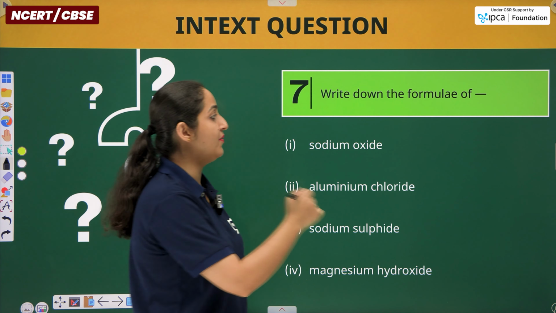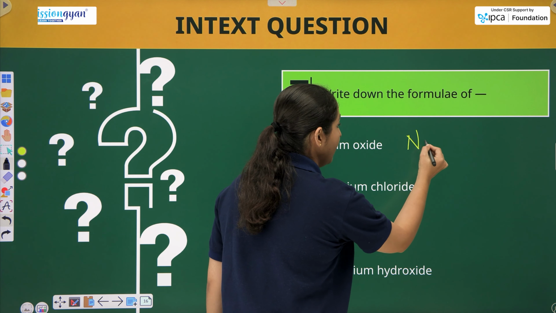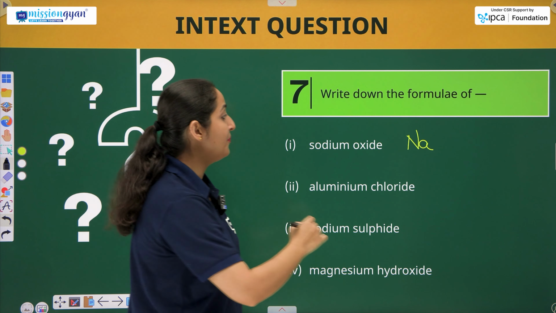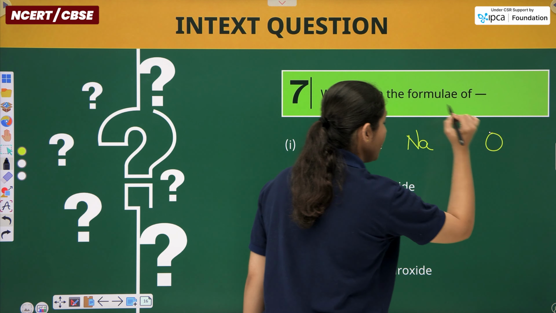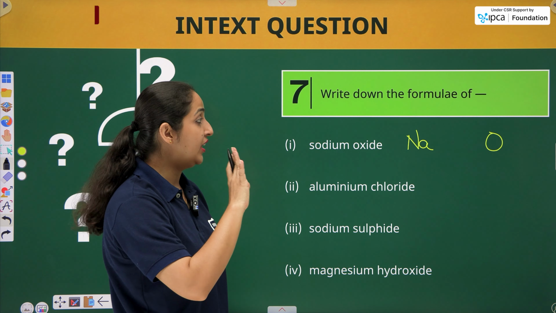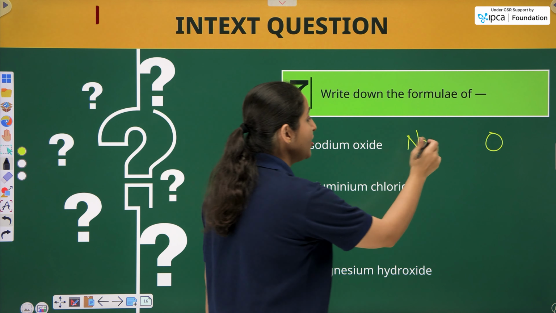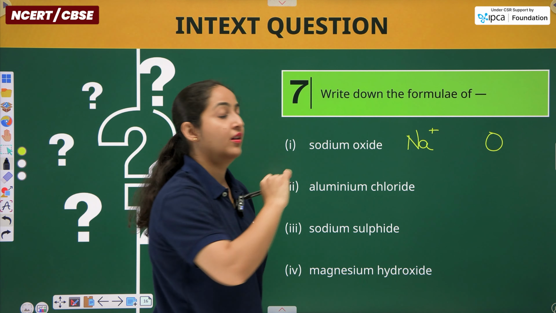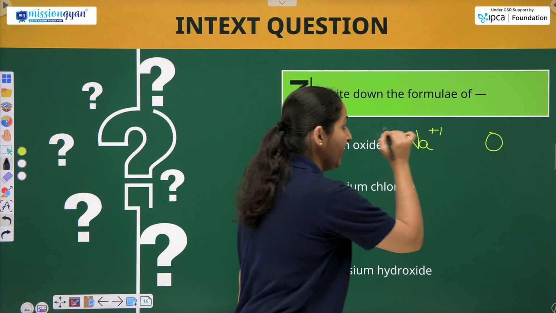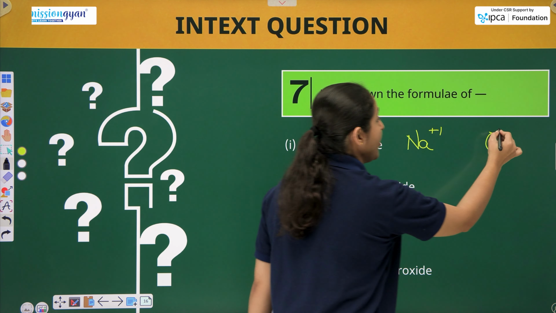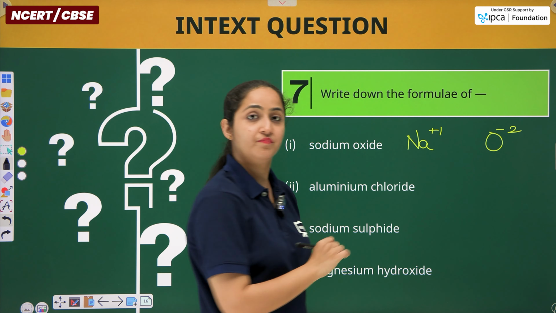Okay, so sodium oxide. Students, sodium oxide, we know that the symbol for sodium is Na and the symbol for oxygen, oxide. Okay, now you need to remember the charges on them. Okay, so the valency for sodium is +1. Okay, and the valency for oxide ion is -2.